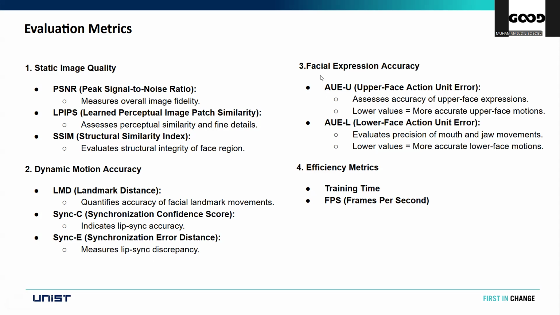They also use facial expression accuracy. For this one, they divide it into the upper face action units and the lower face action units. Action units are a way to quantify facial expression. For this accuracy, they use 7 specific action units. For example, one action unit can be how well our eyebrow rises or falls.